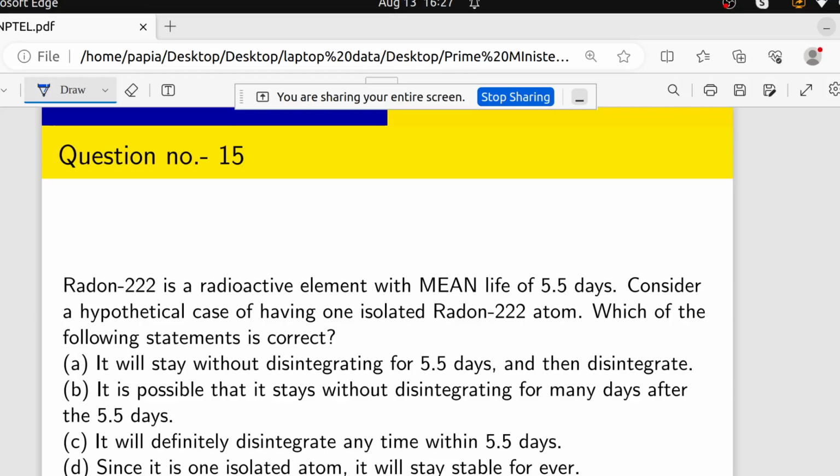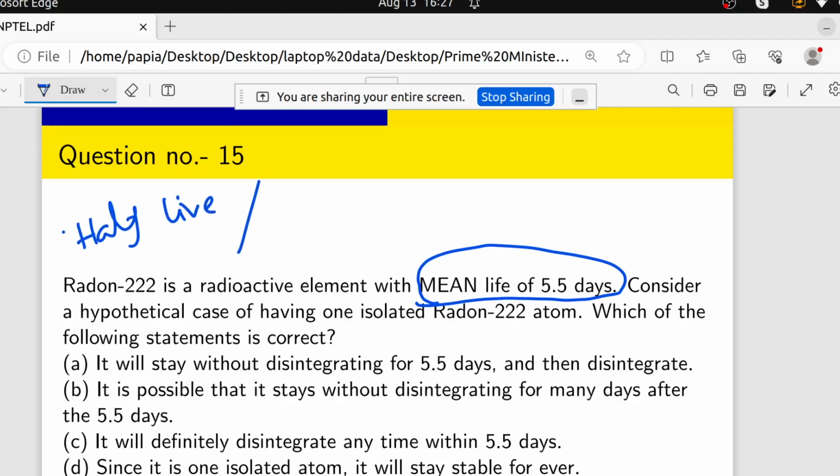Okay, so mean life of 5.5. What is the meaning of mean life? Previously, whatever we have done in this class, that was half-life, or there was activity. These terms were there.